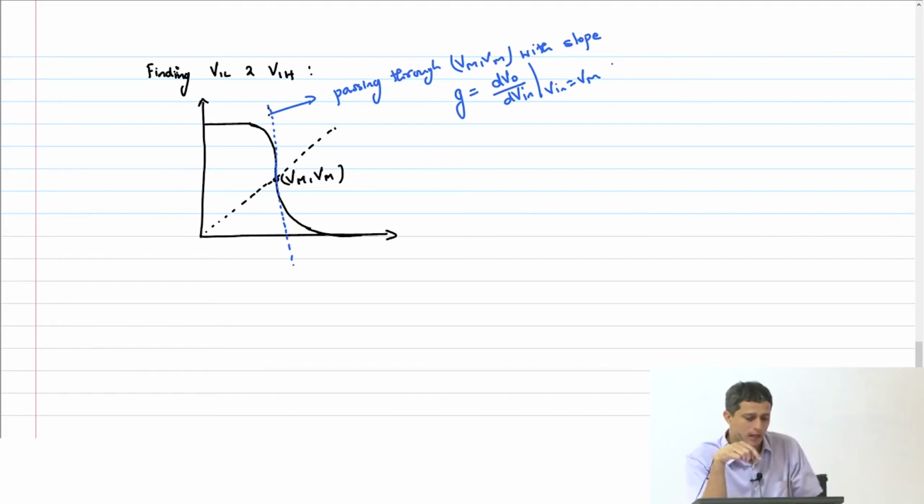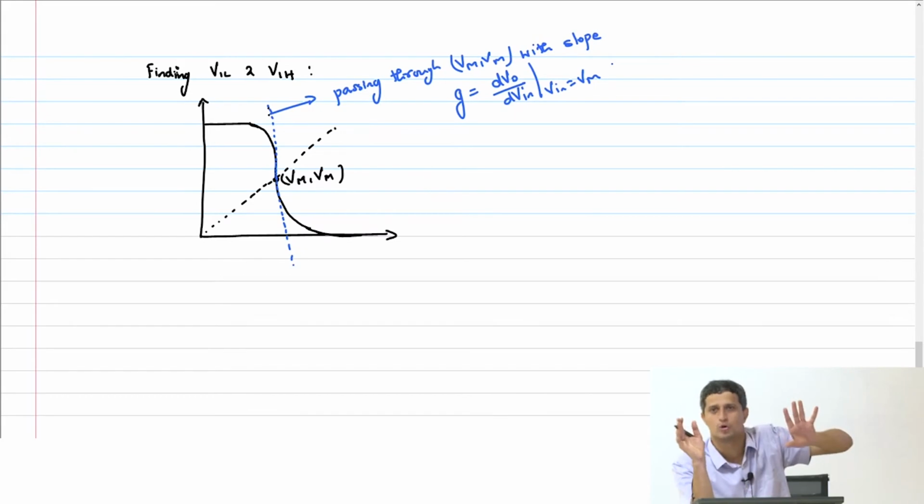I am taking the line at V in equal to V out, finding the slope there and extrapolating the same thing with the same straight line with that slope.